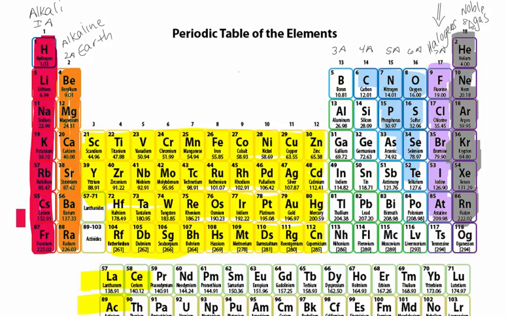Now notice the A designation indicates our main group columns. So this would actually be 1B, and here we have 2B, 3B, etc. So the B designation was for our transition metals. It is possible that you'll never see the A and B designation, and that's okay too. The A and B designation is going out of vogue, and what you may see is just the IUPAC standard.